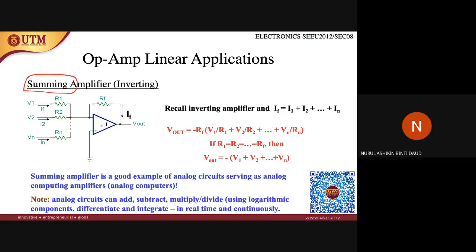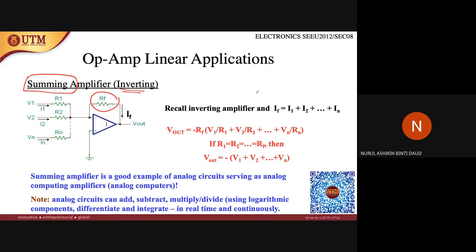All right. So for this case, let's look at the summing amplifier for the inverting configuration first. There is a resistor here connected at the negative, the inverting terminal, also known as the feedback terminal, as I think you all know. So recall the inverting amplifier. To solve this summing amplifier, you have to recall what we learned yesterday, the inverting amplifier, where IF equals I1, I2 and IN.